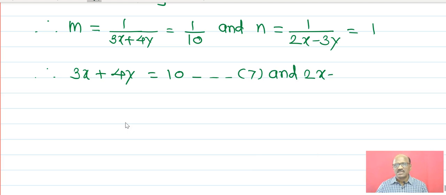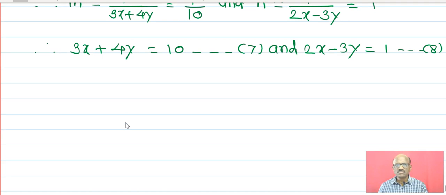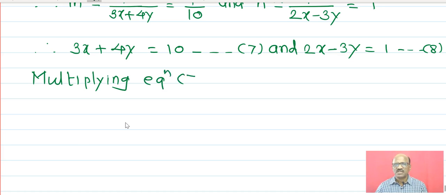And next, n बरोबर जे घेतलेले त्याचा देखील आपण reciprocal करणार. Therefore, 2x minus 3y is equals to 1. Now solve these two equations. मग कोणाचे coefficients आपल्याला eliminate करता येतील. Eliminate कुठलं variable?